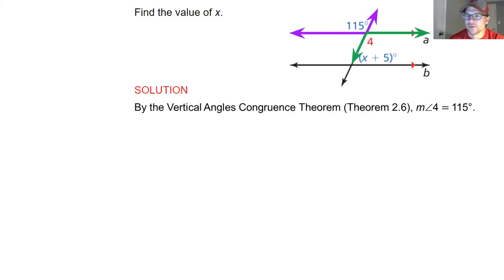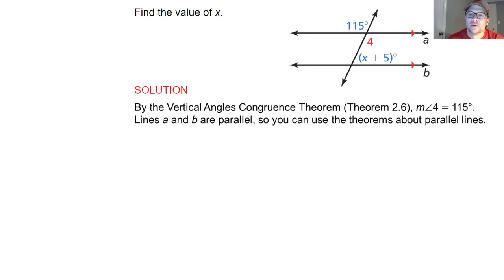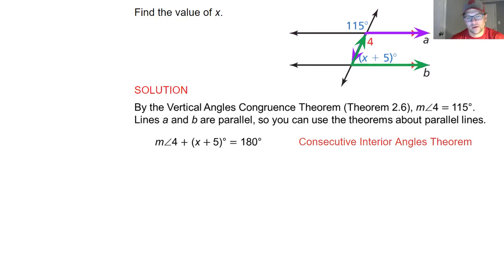Those are vertical angles, so we know that the angle marked 4 is 115 degrees. We can use that to then snowball into the x plus 5 angle by saying that they are consecutive interior angles, and we're going to add those two together and set them equal to 180 degrees.